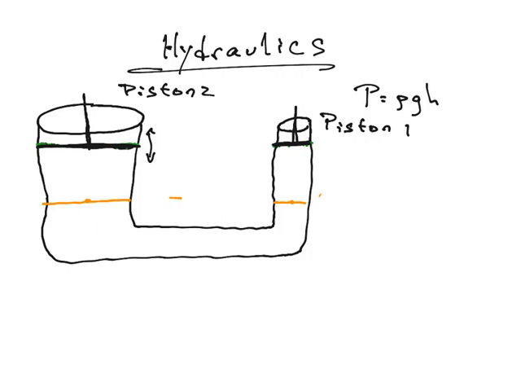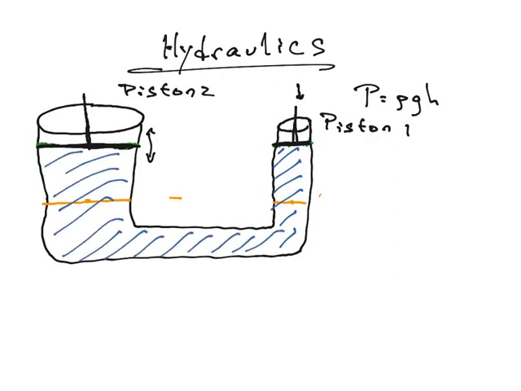Now, if I were to push down on this piston, then what's going to happen? Remember, all of this is filled with fluid. There's a bunch of water or some kind of a fluid inside of here. Well, let's assume that the fluid we're talking about, I'm going to call it water, but it could be some other fluid. Let's say this water is incompressible, which means you can't squeeze the water.